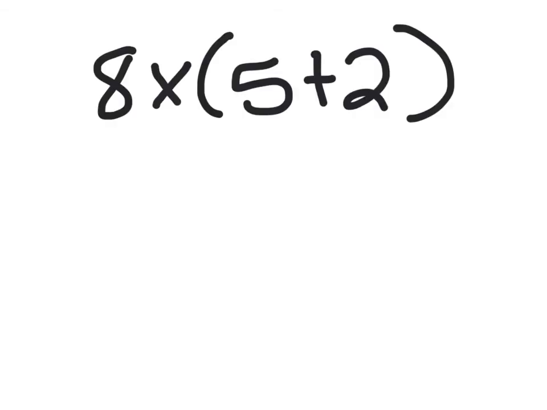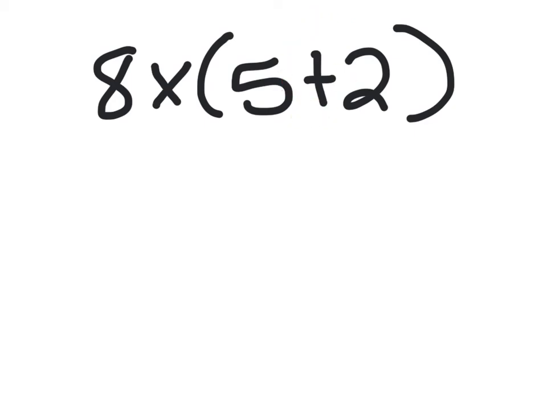Let's use the distributive property to help us think about solving this problem. So it says think of one of the factors as being a sum of two addends, and then multiply the other factor by both of the addends, adding the products of those two things together.